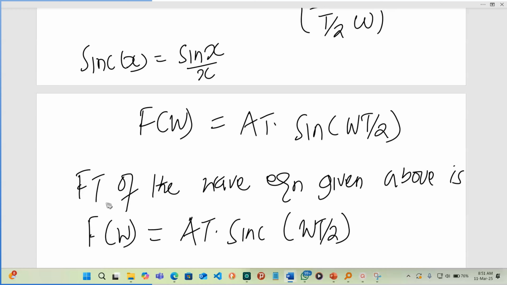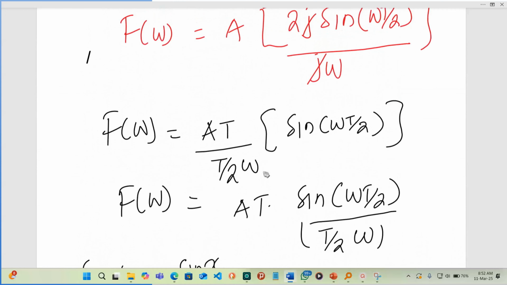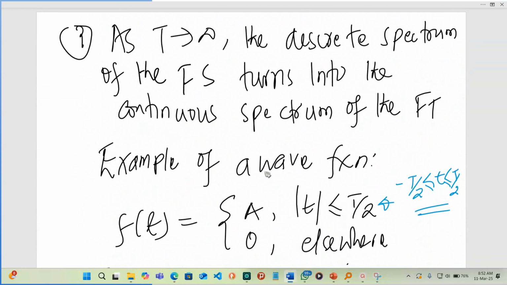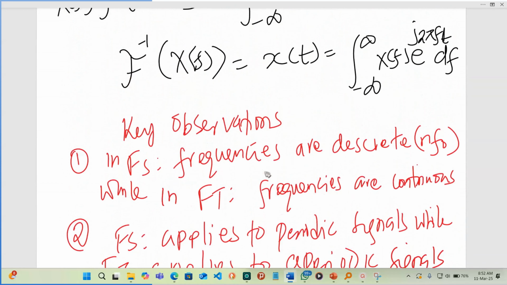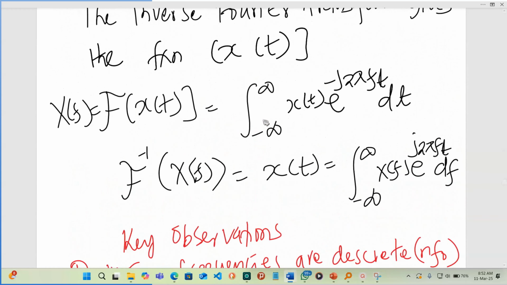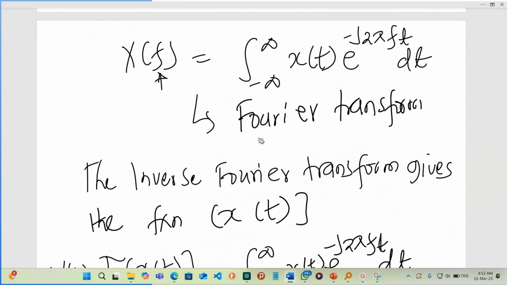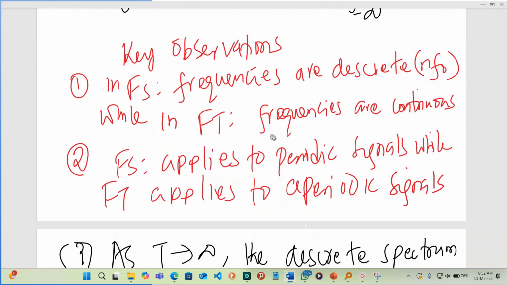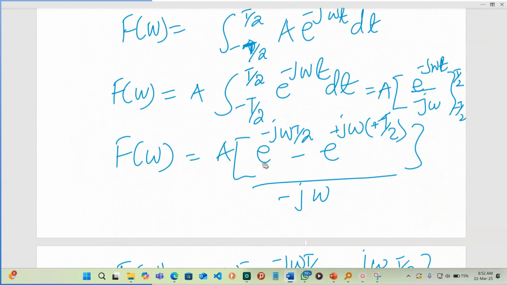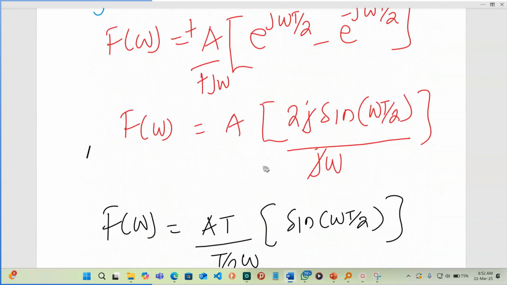Remember, this equation was in f of t, and then we have taken it to the frequency domain. So I hope you have gotten at least a hint on how the Fourier series transforms into the Fourier transform. And what does the Fourier transform do? The Fourier transform transforms a signal from the time domain to the frequency domain, and then it becomes easier to analyze.